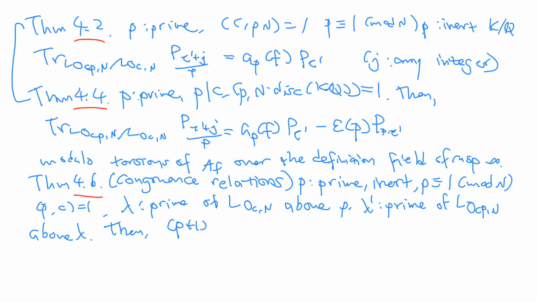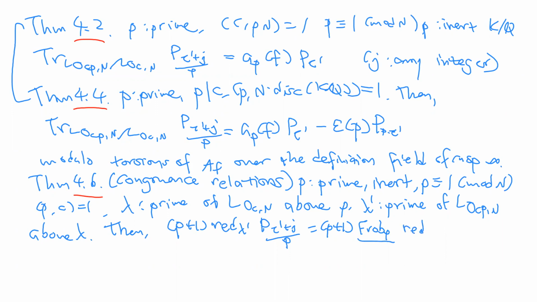Then the congruence relation is: p plus 1 times the reduction of lambda prime of p tau prime plus, again, any integer j, for example 0, divided by p, is equal to p plus 1 times the pth Frobenius image of the reduction.